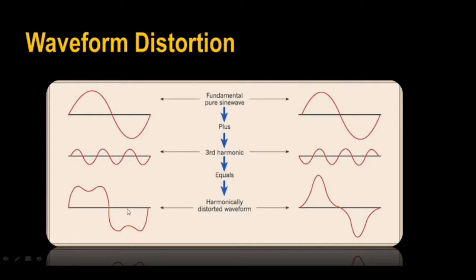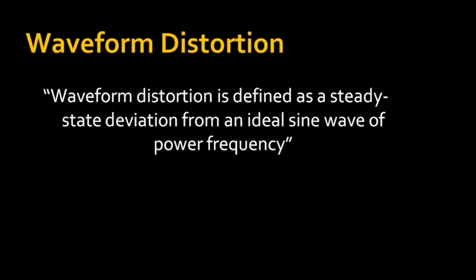Here, the fundamental pure sine wave plus the third harmonic gives rise to a harmonically distorted waveform. This is one of the disturbances that happen in the circuit. Under operation, our true sinusoidal waveform is distorted or deviated by one of the power quality disturbances. Hence, waveform distortion is defined as a steady state deviation from an ideal sine wave of power frequency.